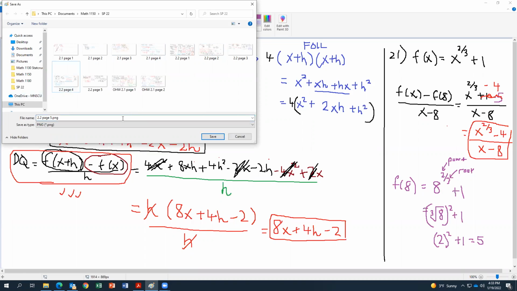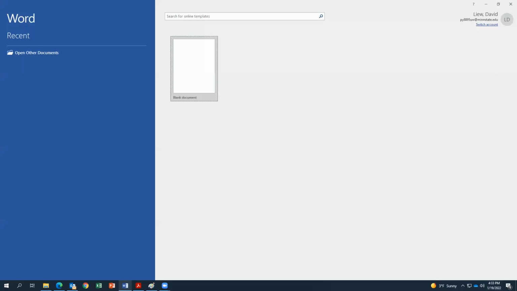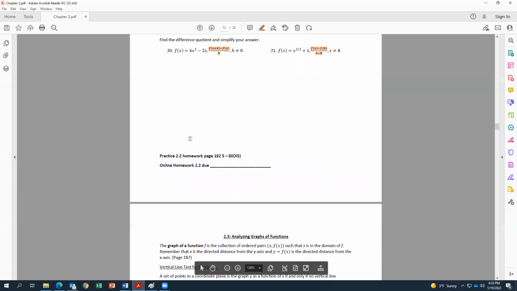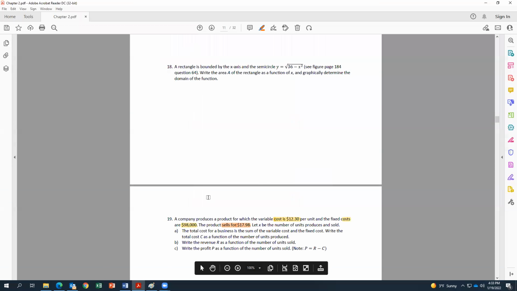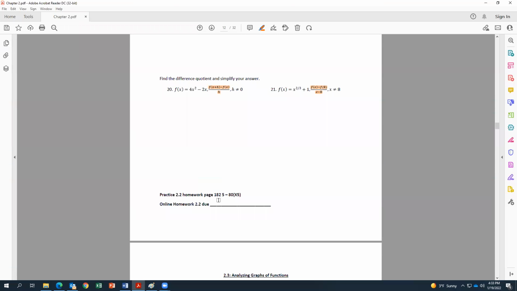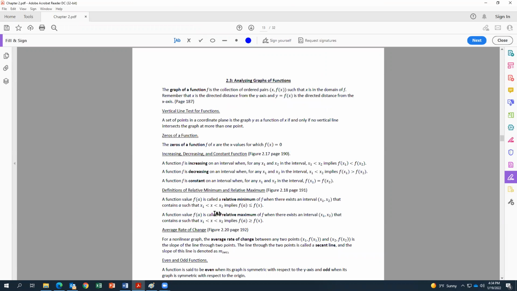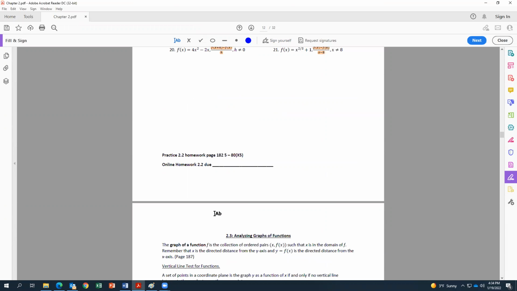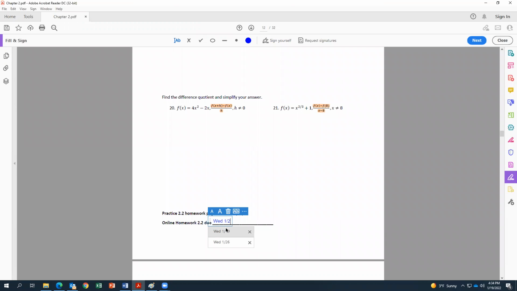So you do have some homework due on this Wednesday. Don't forget your homework 2.1. Your 2.1 homework is due tonight, and then your 2.2 homework is due next Wednesday, which is the 26th.